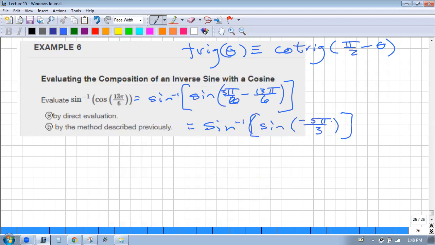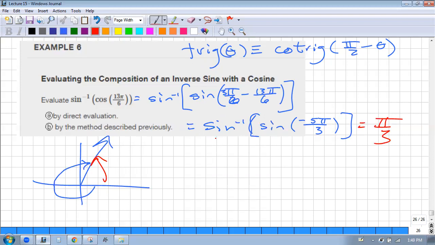Right? Just reduce the fraction. So I wish these would just undo one another. Well, where is this angle at? Minus 5 pi over 3. Let's see, 3 pi over 3, 4 pi over 3, there's minus 5 pi over 3. Well, sine inverse is not going to give me this angle, right? Sine inverse gives me something over here. It's going to give me this angle, which is pi over 3.